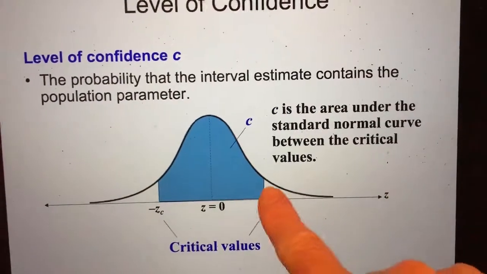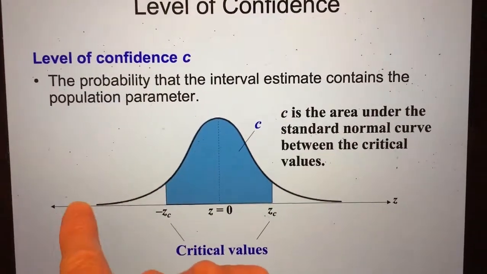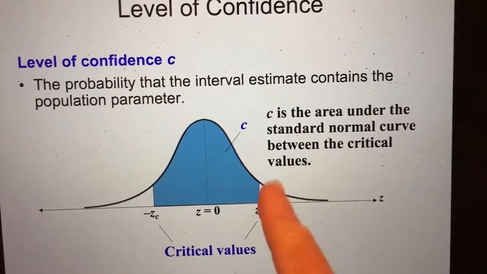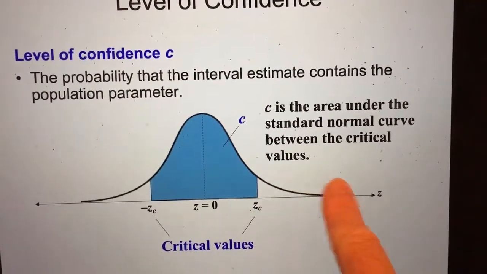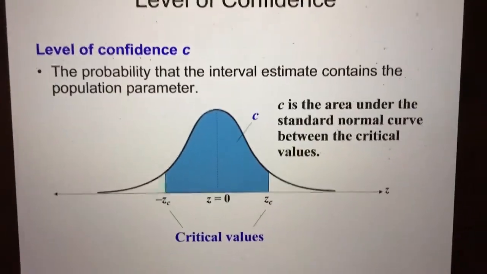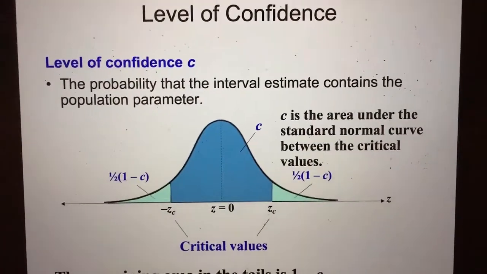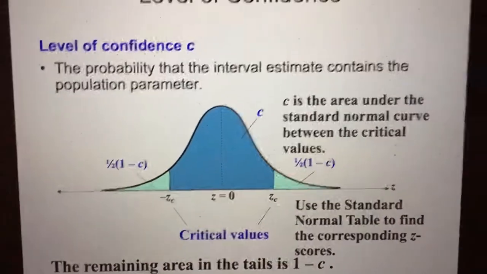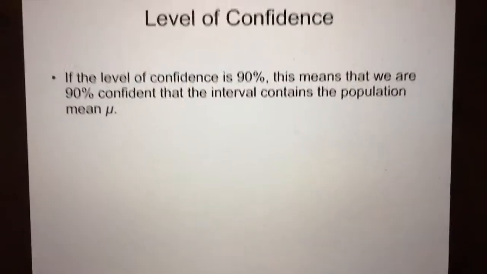So that's where we get the alpha over 2 and the alpha over 2. And then the critical value is the part that has the alpha over 2 to the right. So this would be the critical value. All right, so here's the 1/2, 1 minus c, alpha, 1/2 alpha. And on the other side, we have the 1/2 alpha.